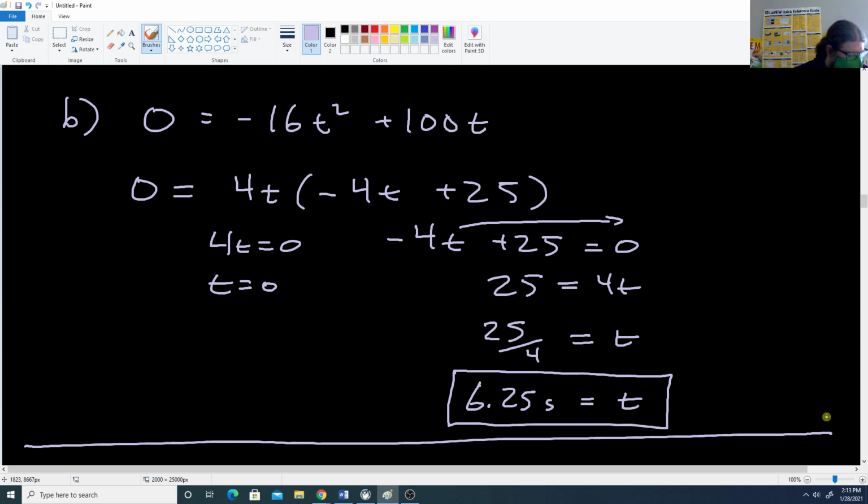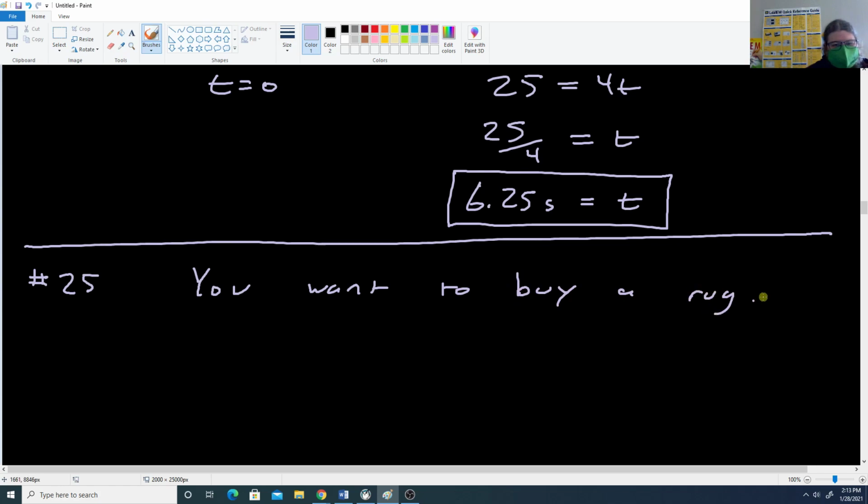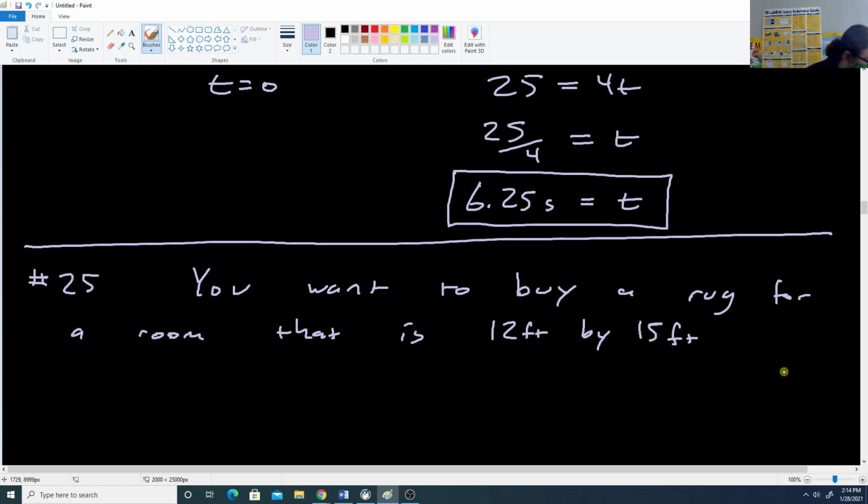Okay, so we're going to have one last problem we're going to do here. This is going to be problem 25 from the textbook. If you look in the exercises from 1.5, that's where you can find this one. So we basically have, you want to buy a rug for a room that is 12 feet by 15 feet. You want to leave a uniform strip of space around the rug.